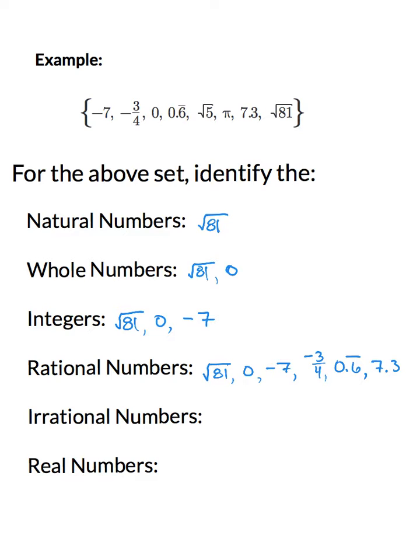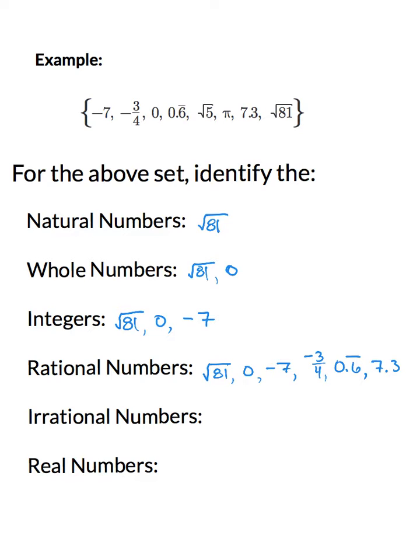And now we want to go ahead and jump over to our red-headed stepchild of the real numbers, which is the irrational numbers. Now this is the only category where we do not keep everything that was in the previous set. So what have we not looked at yet?